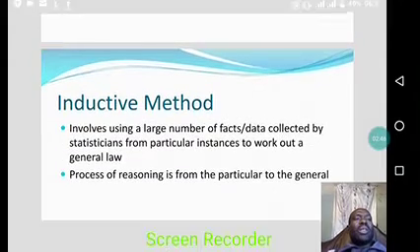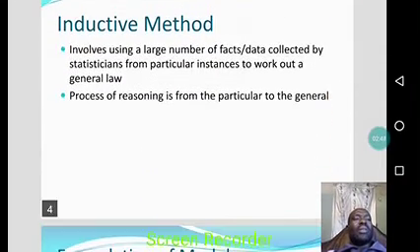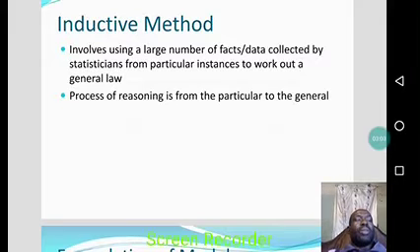Now, sometimes examples are given under the inductive and deductive methods. So for instance, if you're beginning from a general premise, you'd say all people are equal. Jane and Mary are people, therefore Jane and Mary are equal. So you begin from a general premise, that is, you begin from all people are equal.